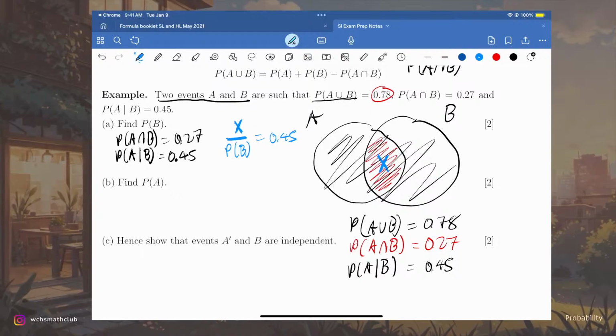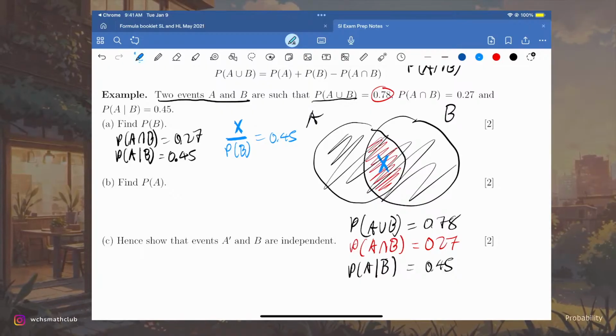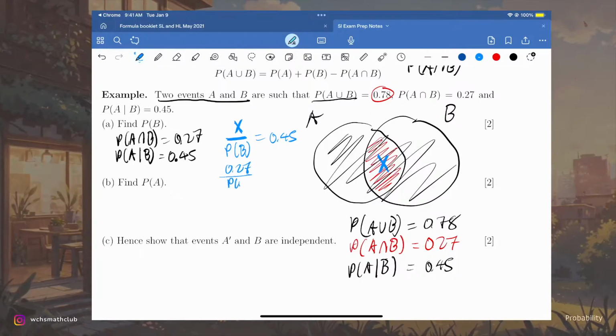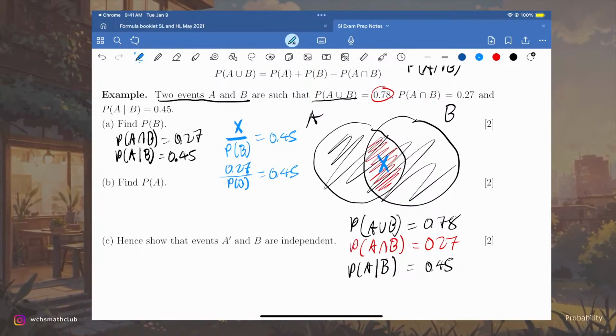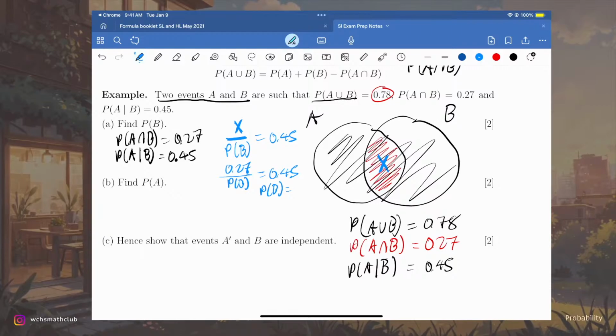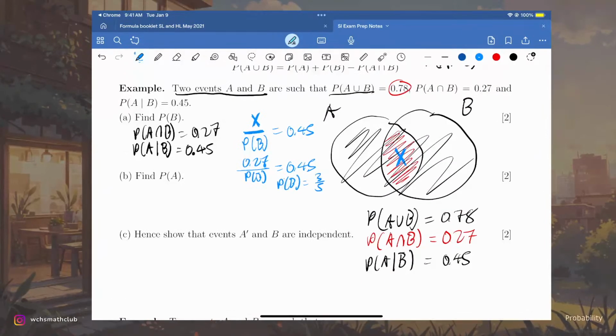And X is the intersection of the two events, which is 0.27. So 0.27 over P of B is equal to 0.45. After this, it's pretty easy to solve for P of B. You should get that P of B is equal to 3 over 5.